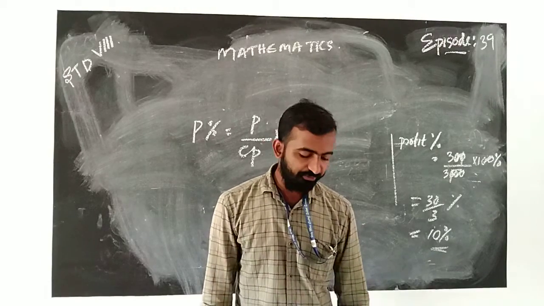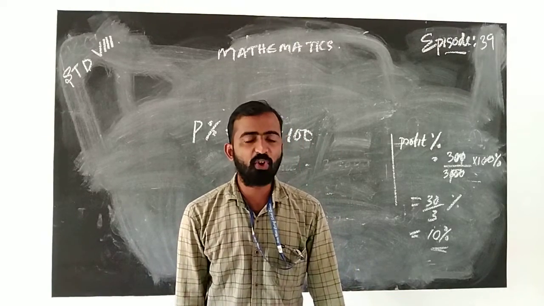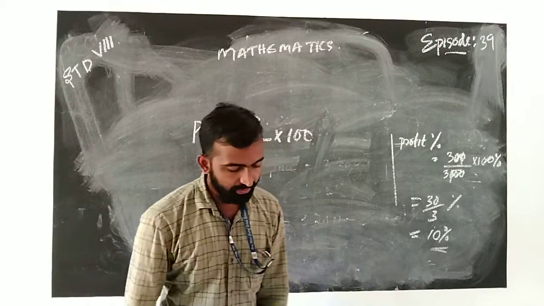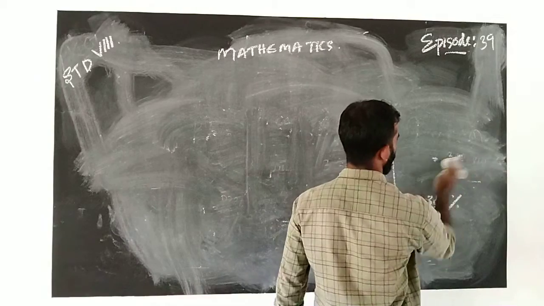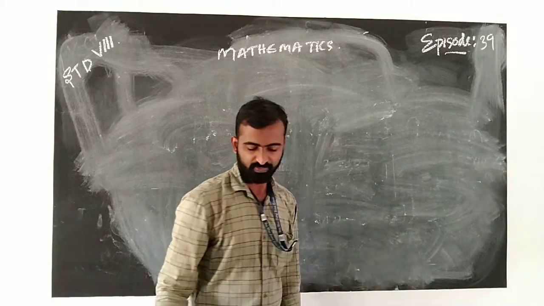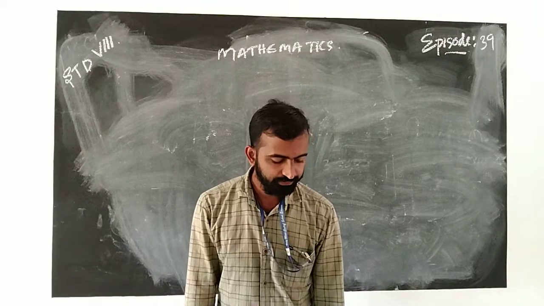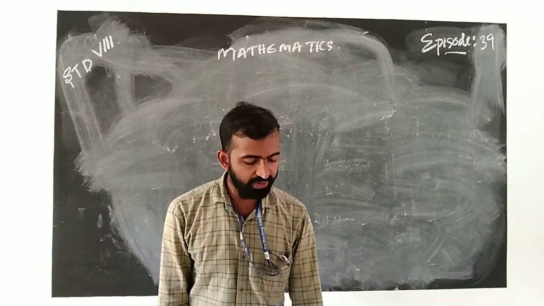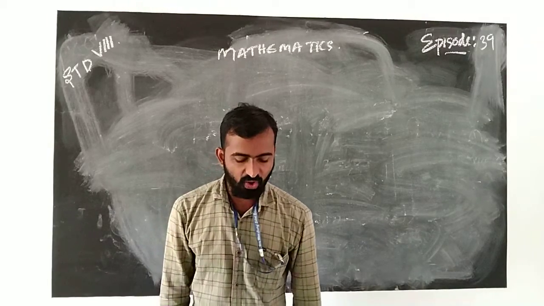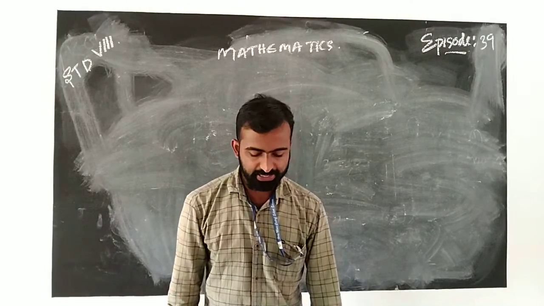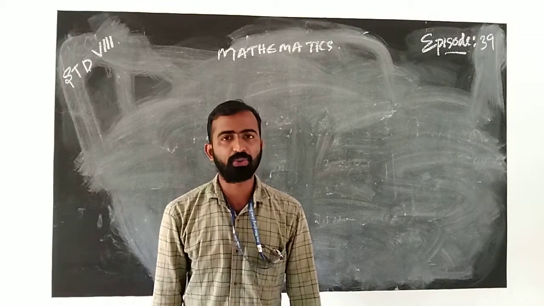If a profit of 5% is made on a cycle of 700 rupees with 50 rupees as overhead charges, we want to find the selling price.